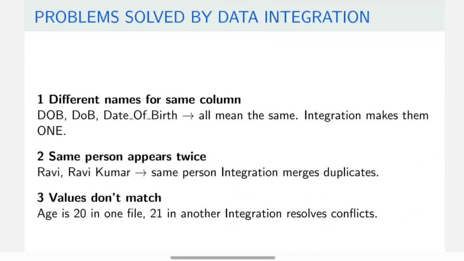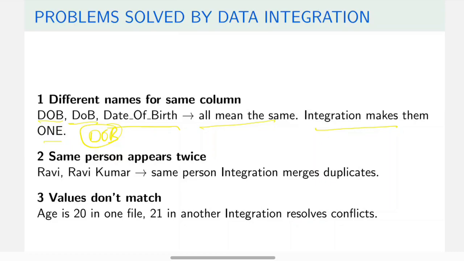Now the problems solved in data integration. First, different names for the same column. If you look here, DOB and date of birth all mean the same, but integration makes them one. For example, I will make them all DOB. That makes it easier for the model to learn. Second, conflicting data.